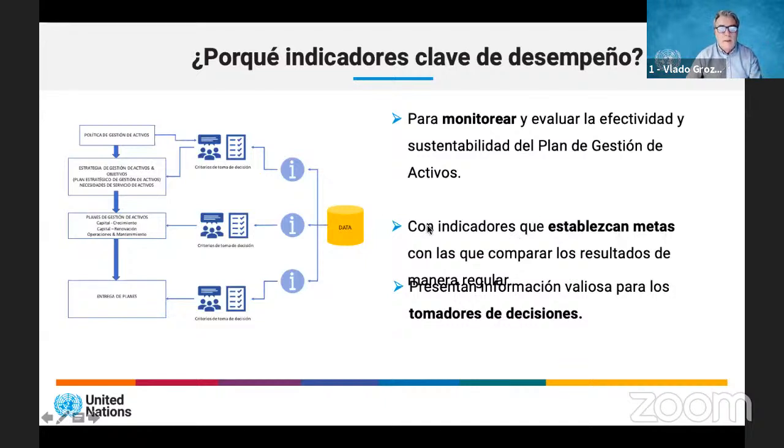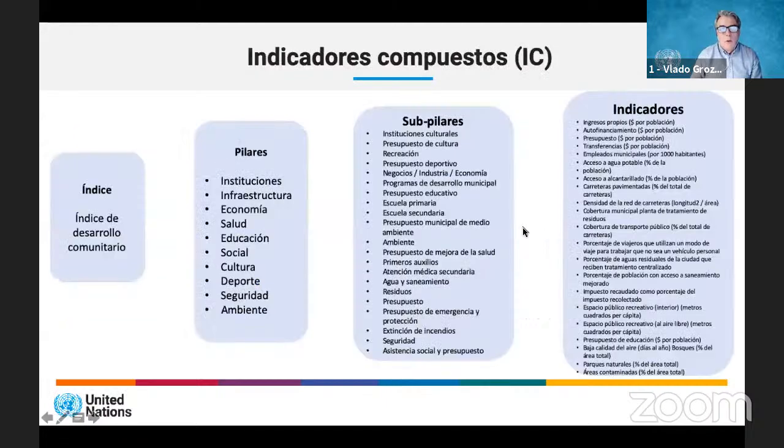Next slide, thanks. Now I'm going to show you the composite indicators. When we have different indicators, they can be used for infrastructure development, which compares local, provincial, country infrastructure performance in policy analysis and public communication.